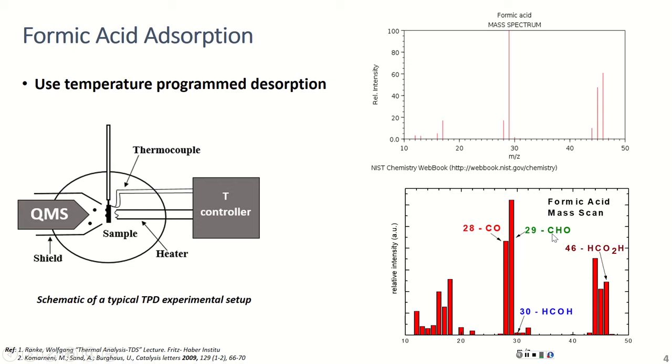It's qualitatively similar, and the higher mass, the parent mass, has a small intensity here because we have some kind of sensitivity issue. It depends on the ionization energy of the mass spec and so on, so that's why it does not look exactly the same, but it's qualitatively the same.